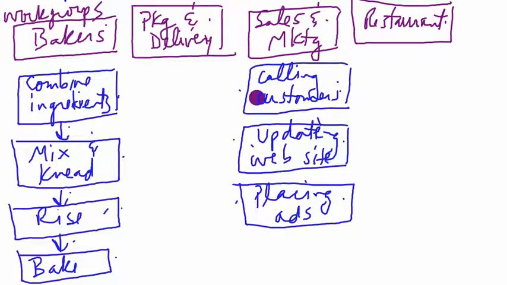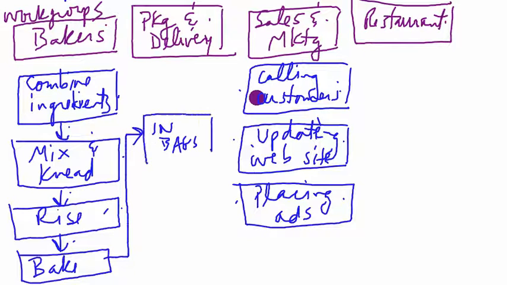Okay, so after the baking is done, it's time for packaging and delivery to get into the game. And they put the bread in bags. And at the same time, the restaurant, because of our good sales and marketing and our good bread, places an order.